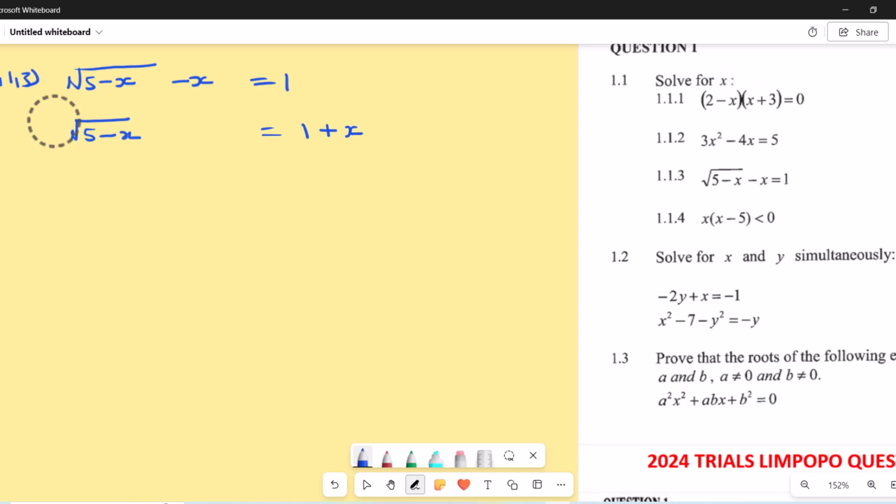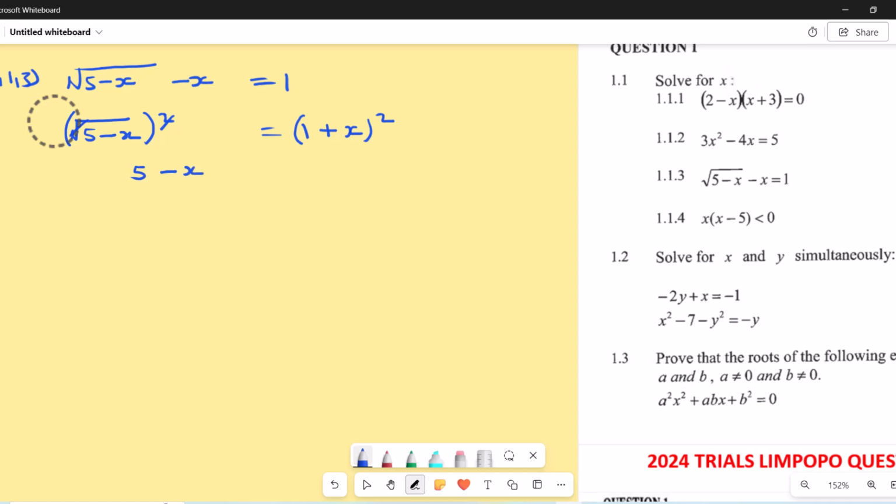Now that we have the square root alone, we can square both sides. Our square will cancel with the root sign here, so we are left with 5 minus x.